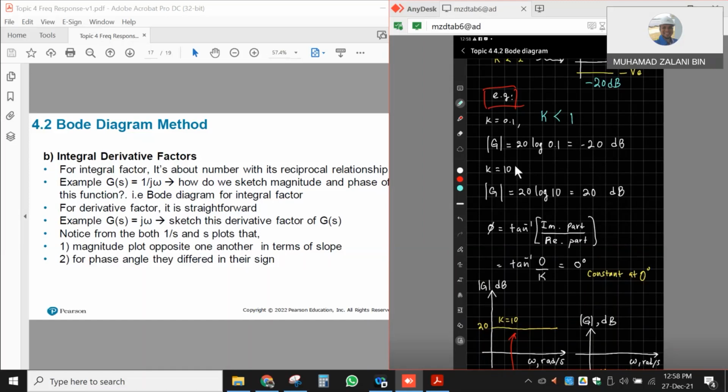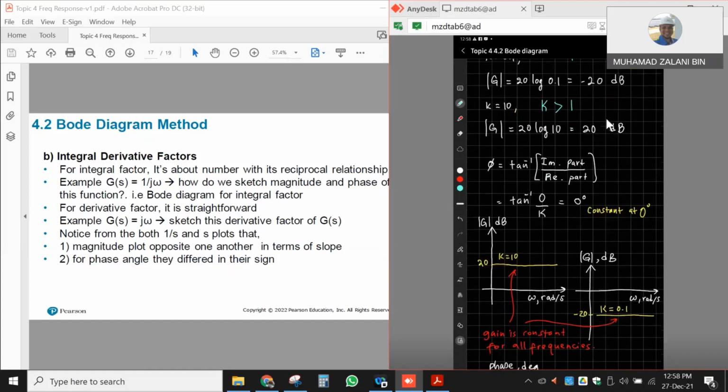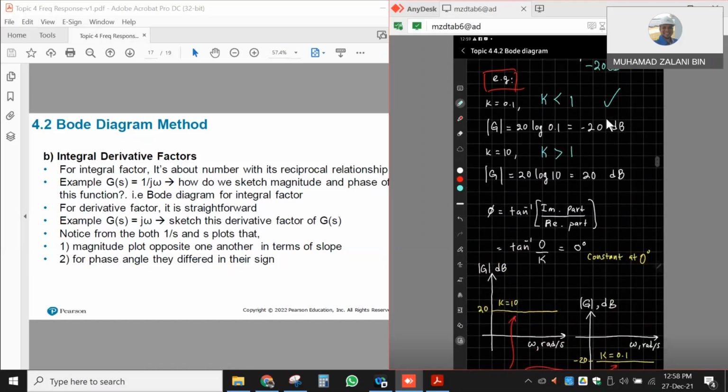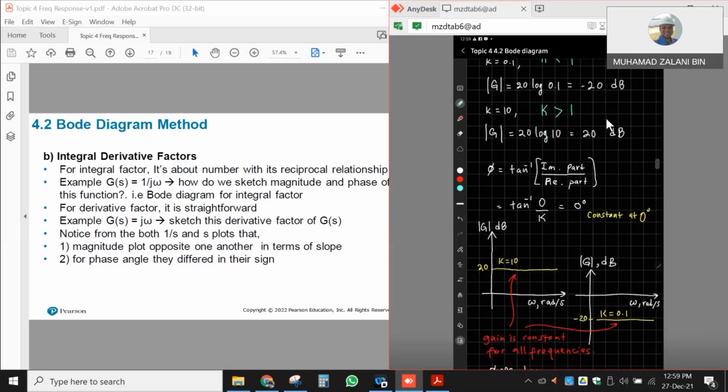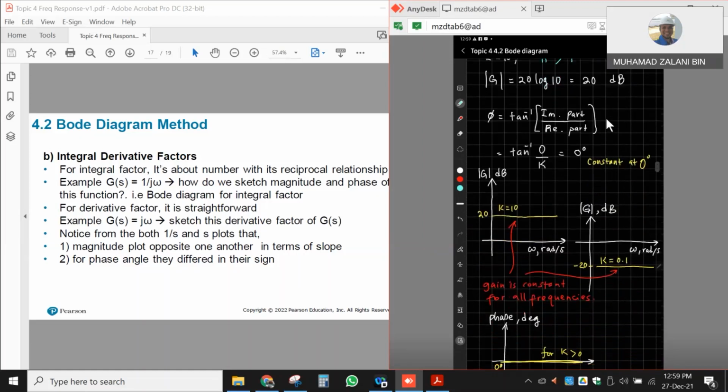If k is greater than 1, for example k equals 10, we get 20 decibel. So that is how we do the plot. Firstly, we calculate the magnitude of k, and then later we calculate phi, which is the angle.